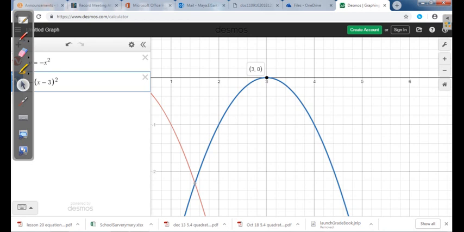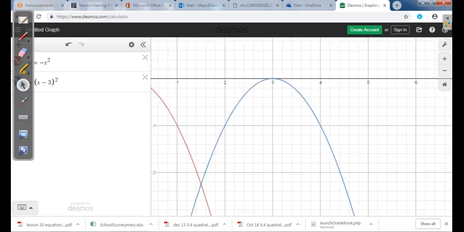So the AOS from the vertex is the exact same thing. The AOS, the axis of symmetry, is part of your vertex. The axis of symmetry is the x value of your vertex. So when you look at the x value of your vertex, the vertex here is 3, 0. Yeah? So this part of the vertex is called the axis of symmetry.